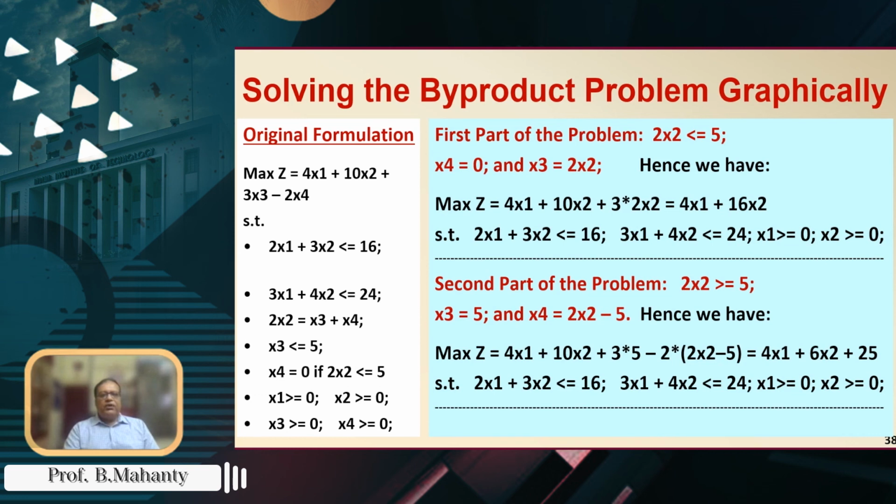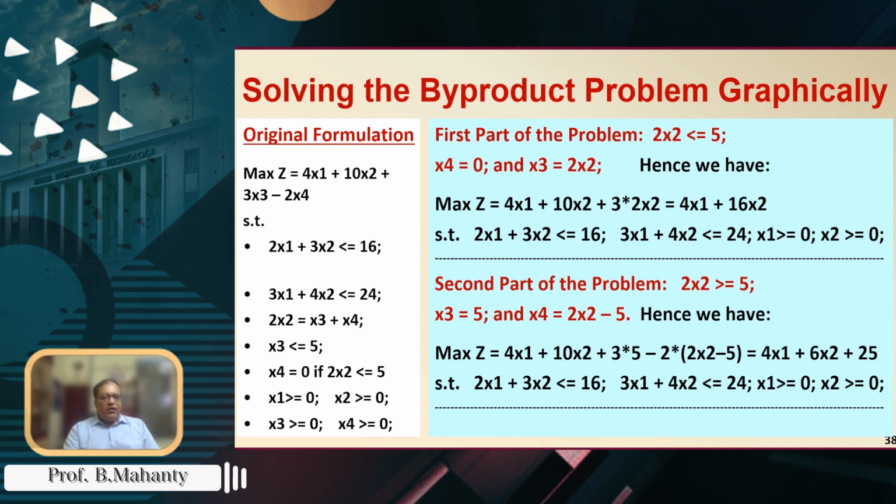It becomes 4x1 plus 16x2, because 10x2 and 6x2 together make 16x2. Subject to, the other constraints are not required anymore, simply 2x1 plus 3x2 less than or equal to 16, 3x1 plus 4x2 less than or equal to 24, and x1, x2 greater than or equal to 0.